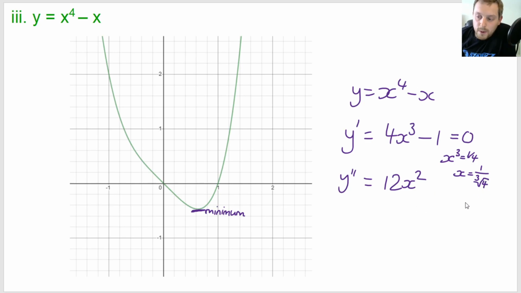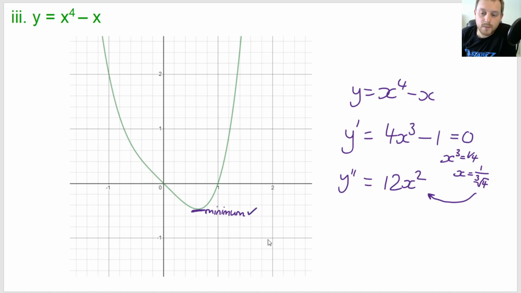Now, if I plug that into y double dash, I'm going to get something positive, so it is indeed a minimum. So this point is absolutely fine for categorizing using the second derivative test. I've got some number, I'm squaring it and multiplying it by 12, it's going to be positive. And since the second derivative is positive, it's a minimum.